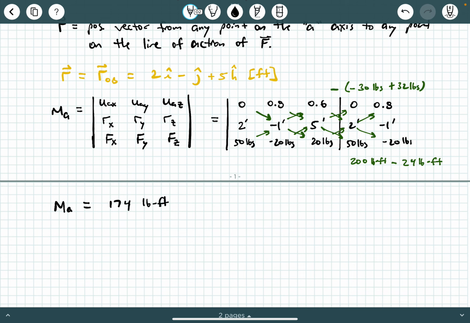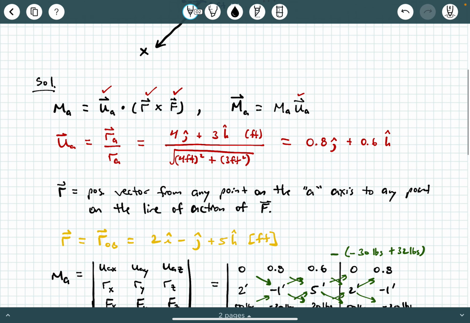Now, that's the magnitude of the moment about the axis, the OA axis. I needed this as a Cartesian vector, though. That's what the second sentence of the problem statement said. So as a Cartesian vector, what I do is I take the magnitude M_A times the unit vector u_A. And so I'm going to say 174 pound-feet multiplied by that unit vector, which is right here.